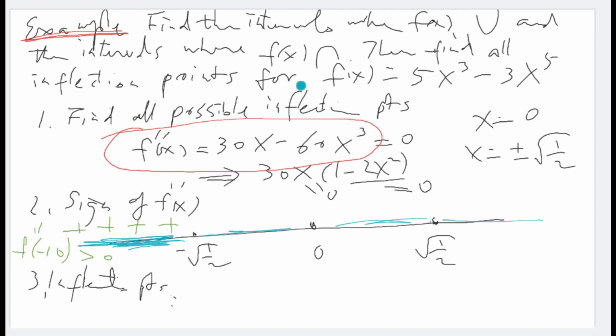For example, from negative square root half to 0, you can pick whatever value in between, say negative 0.001, and test it out. It's going to be negative. Keep doing this, and you'll find it's positive here, negative here.